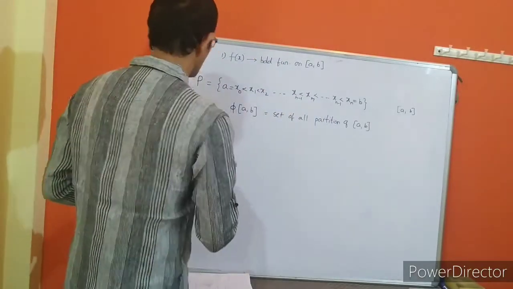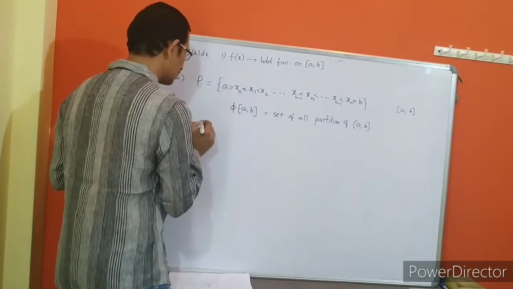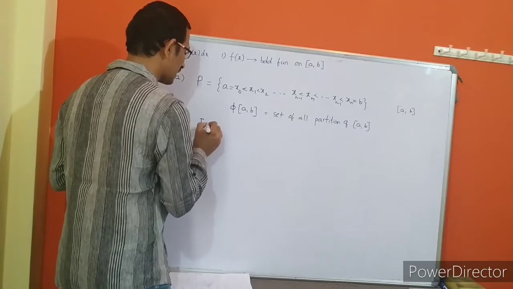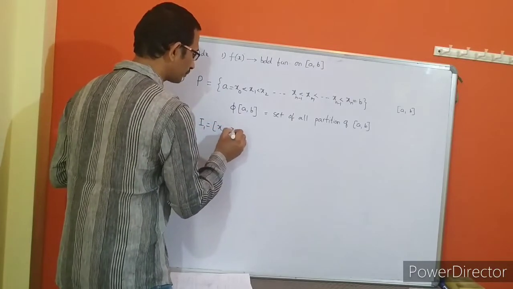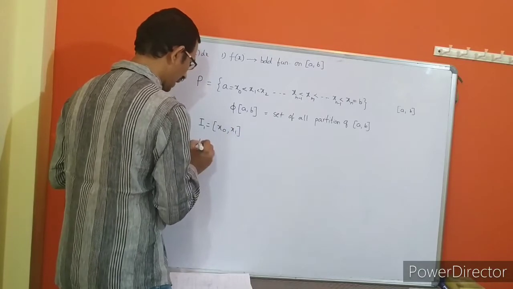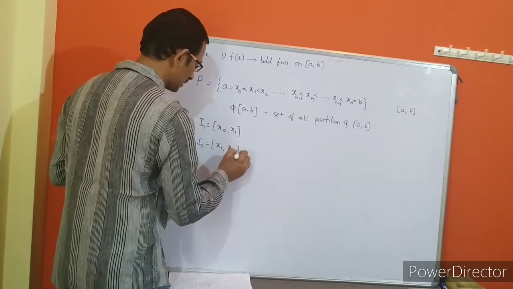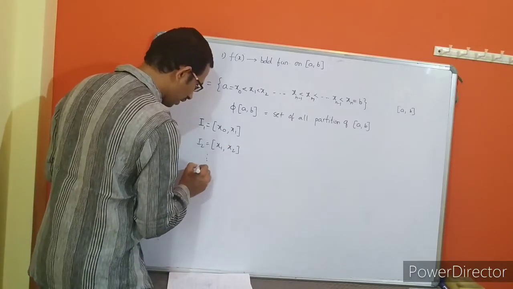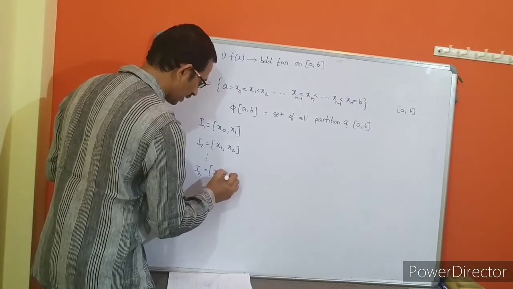And next, in this partition, there are subintervals, that is I1. What is I1? [x0, x1], and I2, [x1, x2]. In general, Ir is [x(r-1), xr].